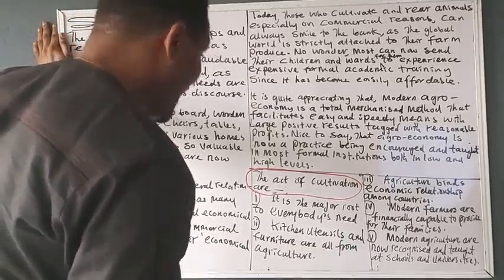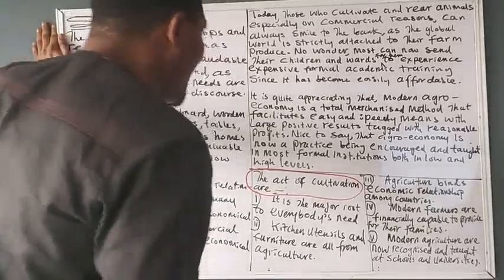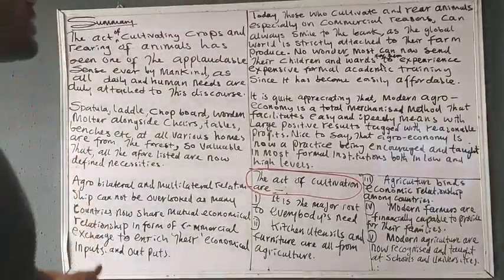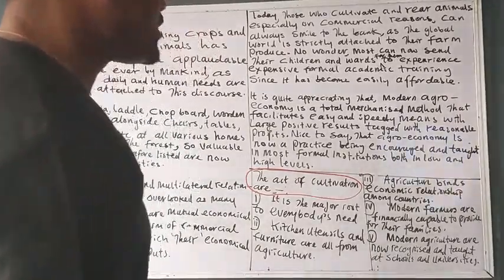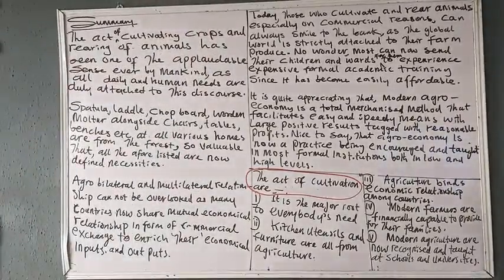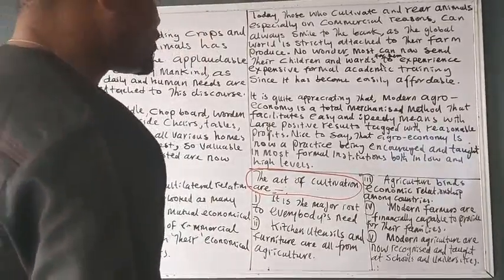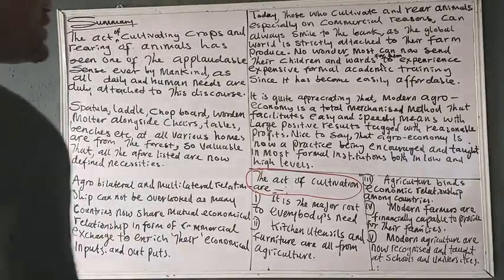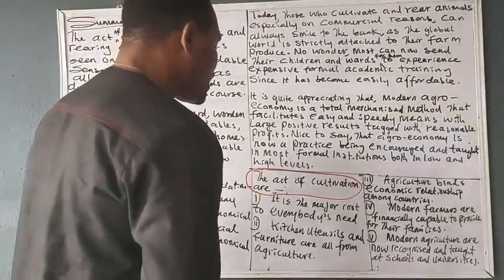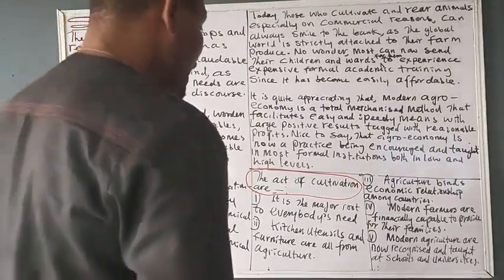Let's say paragraph 5. It is quite appreciating that modern agroeconomic is a total mechanized method that facilitates easy and speedy means with large positive results, tagged with reasonable profits. Nice to say that agroeconomic is now a practice being encouraged and taught in most formal institutions, both in low and high levels.